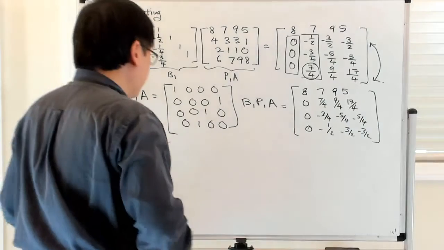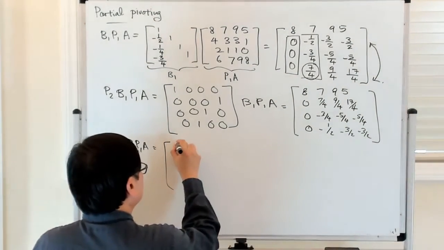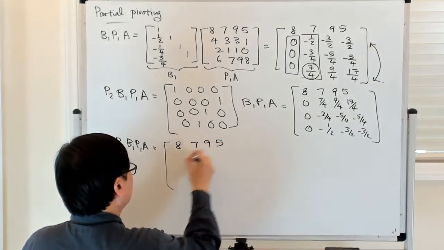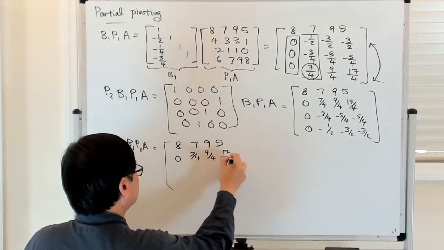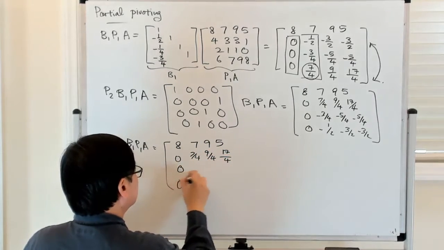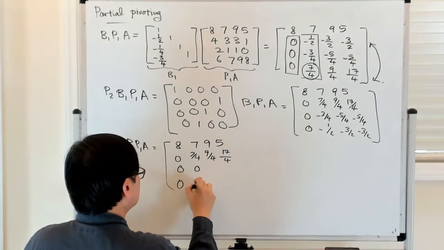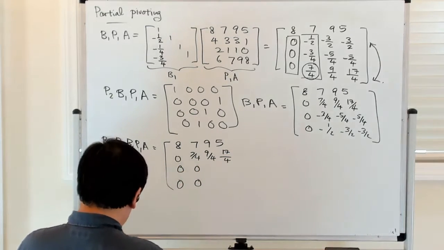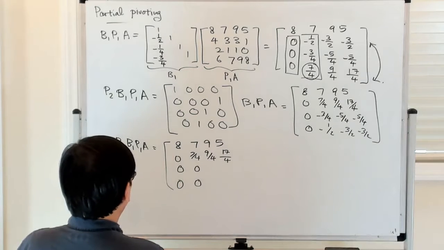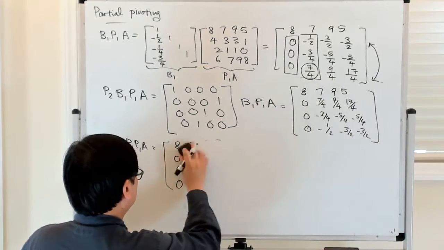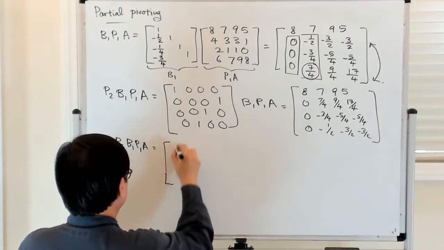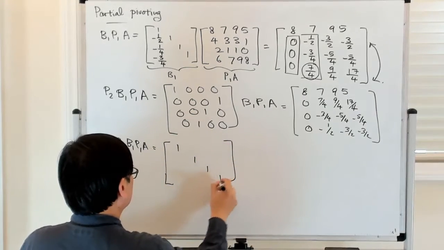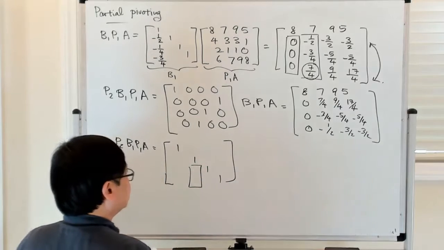That is, all right, so 8795, 0, 7/4, 9/4, 17/4, 0, 0, 0, 0. They're just these two entries here. Oh, I'm sorry, I should write down what B2 is, so 1, 1, 1, 1. Okay, so these are the two non-zero entries.